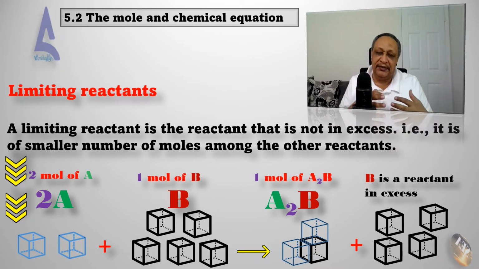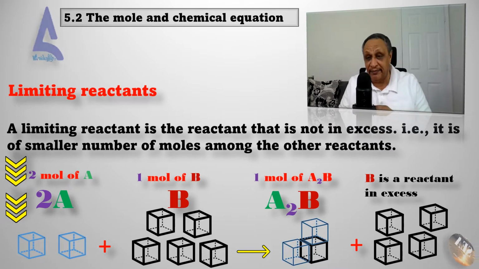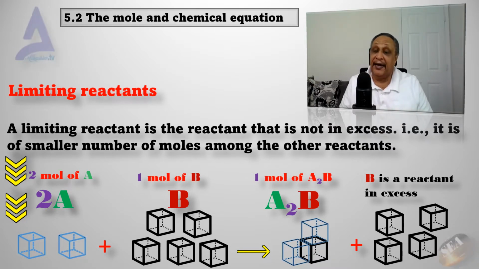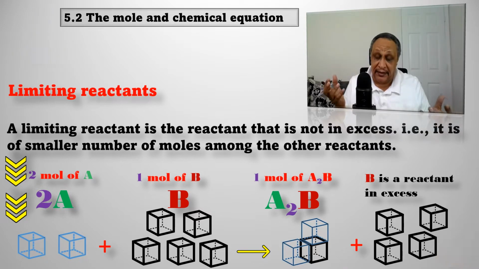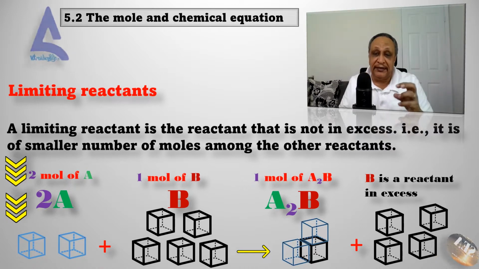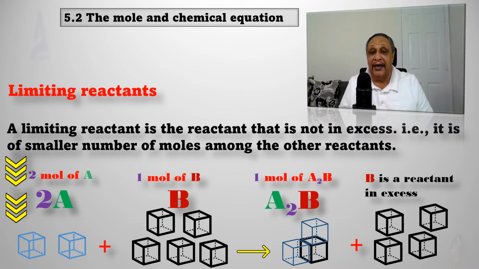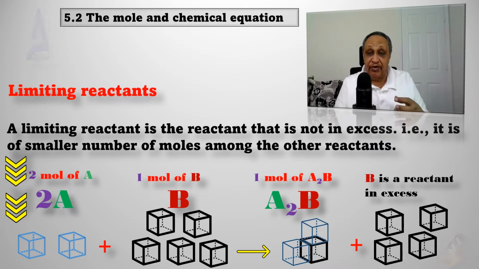You know the recipe and you know the ingredients that you are going to use, and you know the amounts of them, regardless of what this recipe is. Let us assume it is composed of only 2 items, item A and item B. So you want to make this recipe for 1 person.